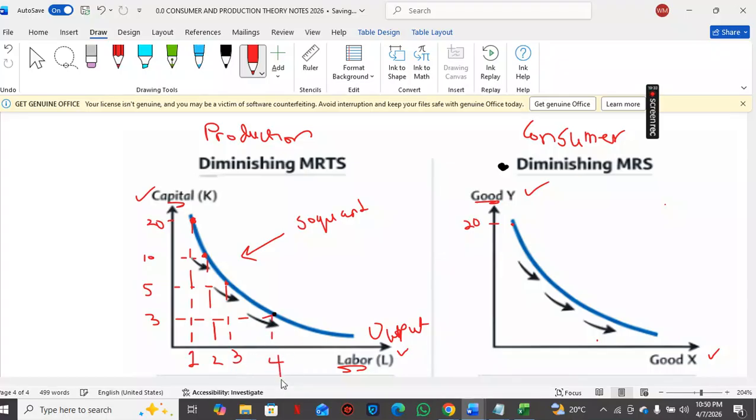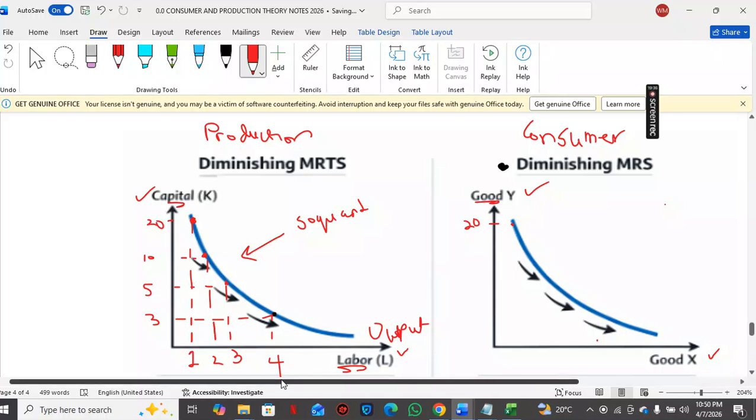So the diminishing marginal rate of technical substitution, we're giving up less capital to get more workers.